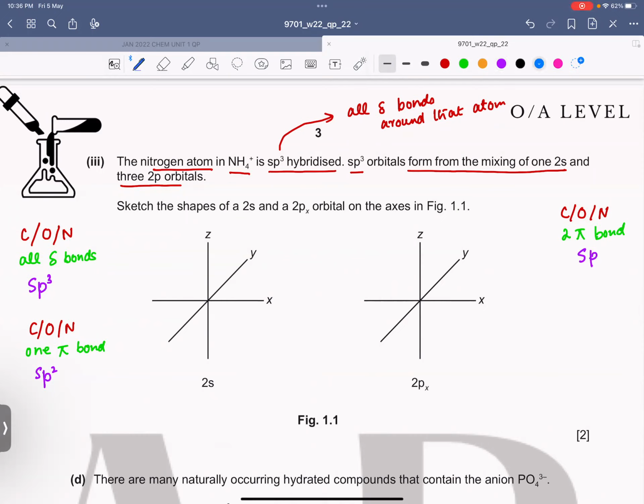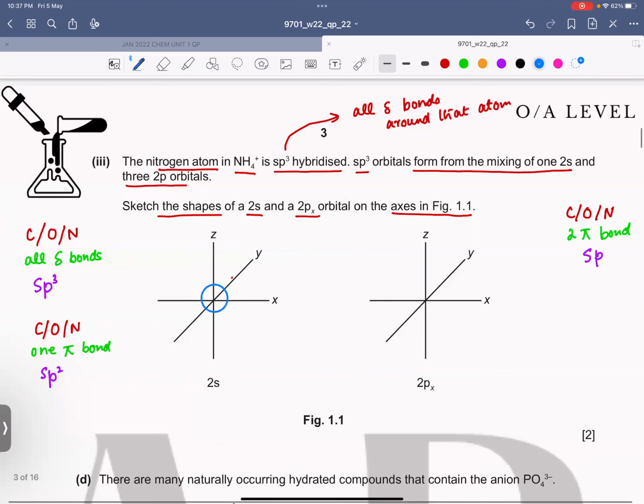Now, sketch the shapes of a 2s and a 2px orbital on the axes in figure 1.1. So to make a 2s, we have to make a sphere. And on paper we always make a circle instead of a sphere.